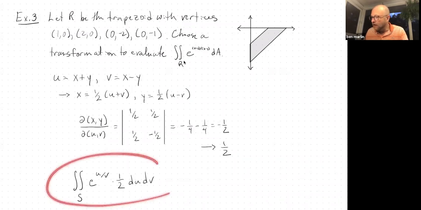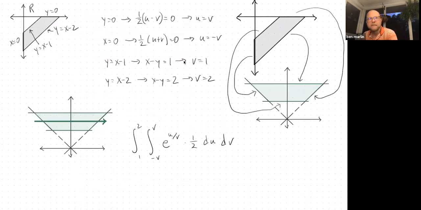So anyway, our integral that was e to the all that incredibly messy stuff now becomes e to the u over v times 1/2 du dv. And what we've got to figure out is how to transform our region. Okay. So this looks like a mess, I'm sure, but bear with me as we talk about it.